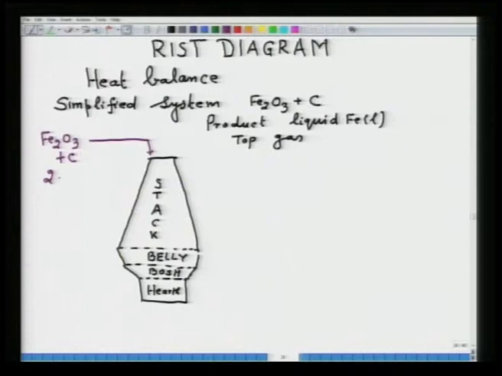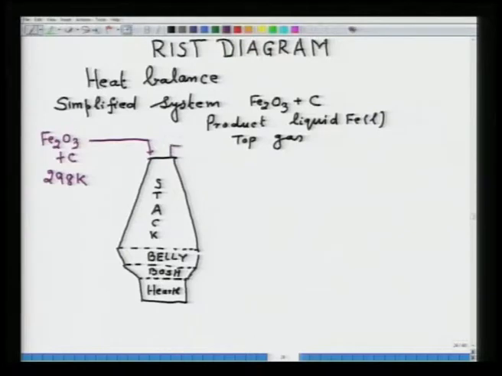The temperature we are considering is 298 Kelvin, because for heat balance the temperatures of heat input and heat output are important. So, the top gas is also discharging at 298 Kelvin and comprises CO, CO2 and N2.